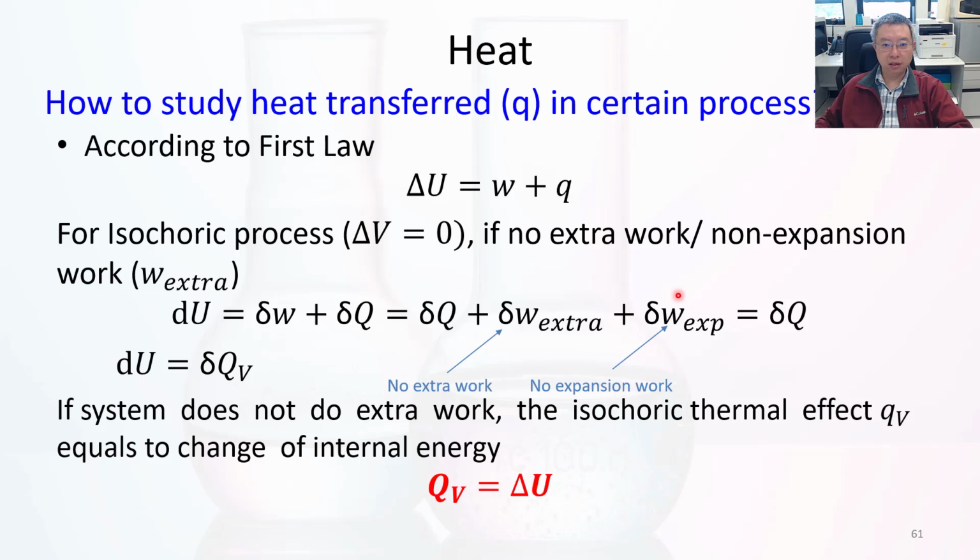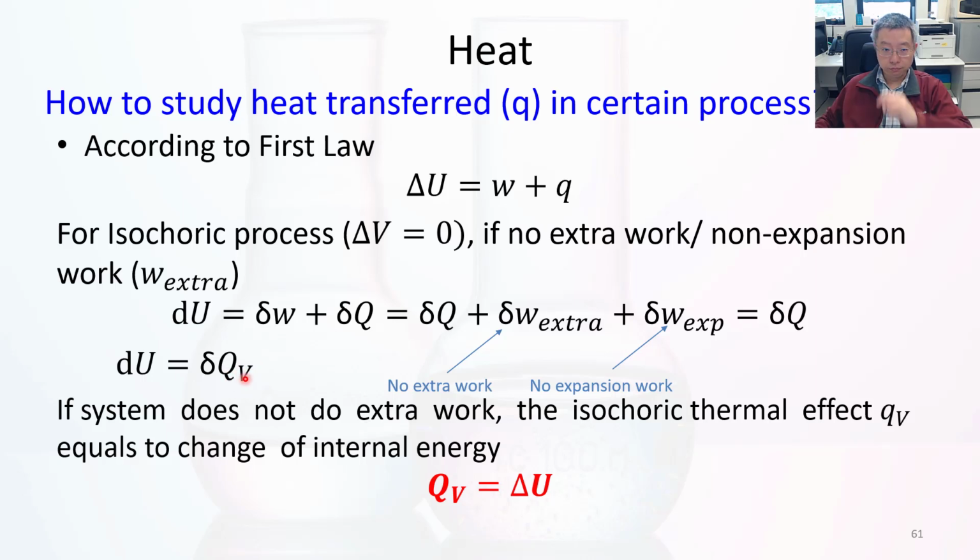Because this is isochoric, the expansion work is 0. And if there is no extra work, that one is also equal to 0. So dU is equal to dQ. In this case, we say dU is equal to delta Q_V, where V means the volume is constant.